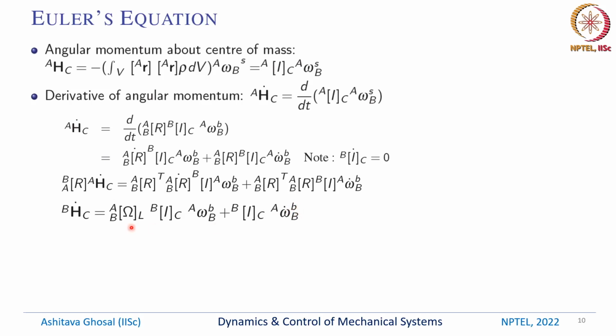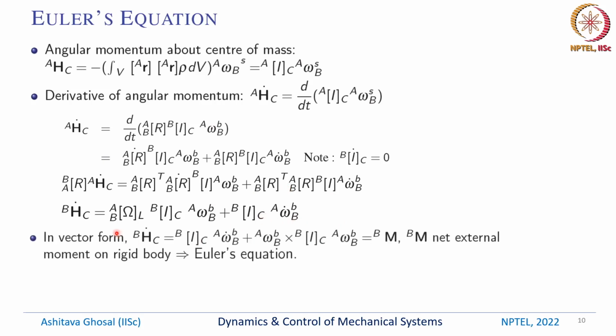So what is this? This is some kind of a skew symmetric matrix. This part is like a vector. It is like some matrix into a vector which will give you a vector, and this is a skew symmetric matrix, so this is like some vector cross this. This is a cross product of these two, this part and this part together, and this is some matrix into angular acceleration.